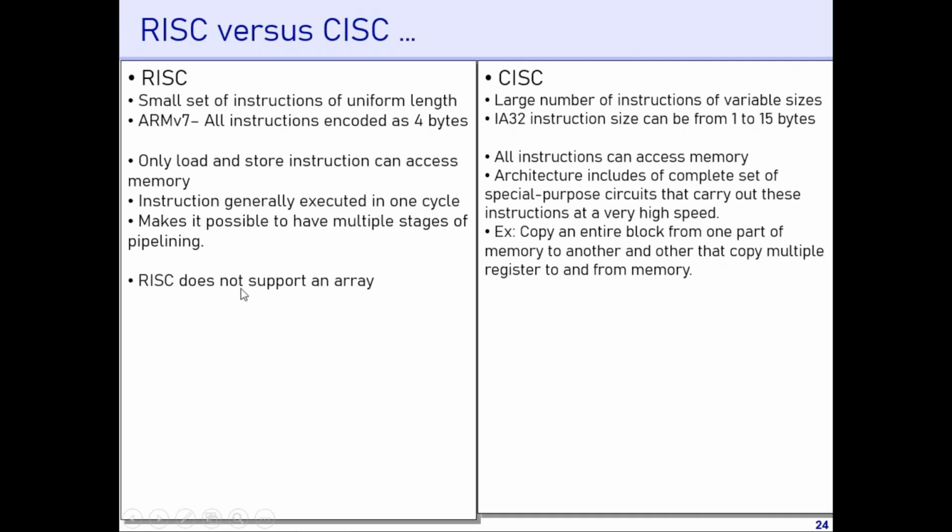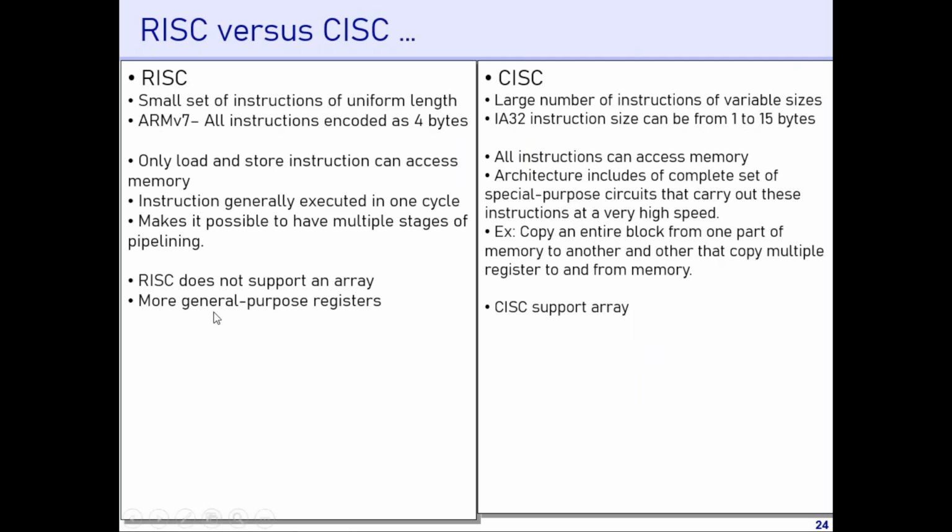RISC instructions don't support an array. Everything has to be singular variables, on singular values only. Whereas with a CISC instruction, you can pass an array as input; a CISC instruction operand can be an array. And RISC uses more general purpose registers because it needs to do a lot of processing on register data on all the instructions you write.